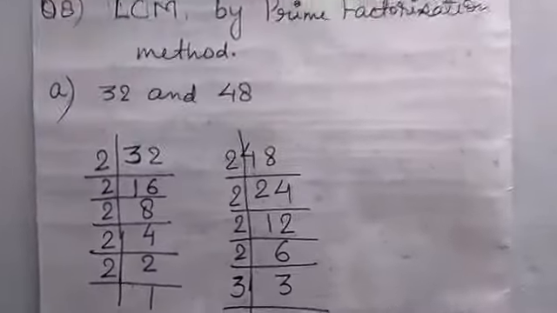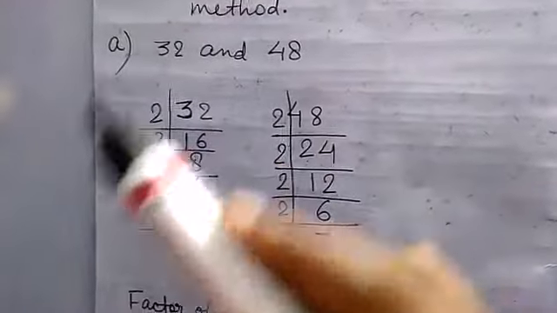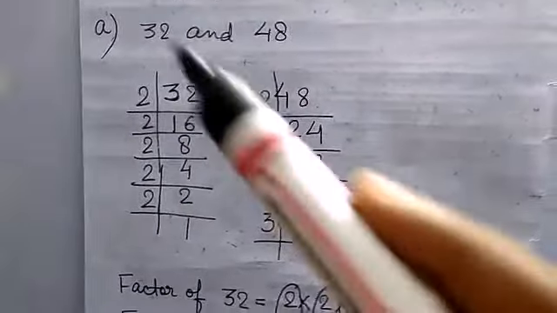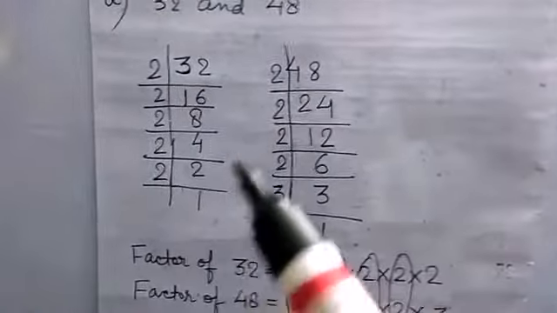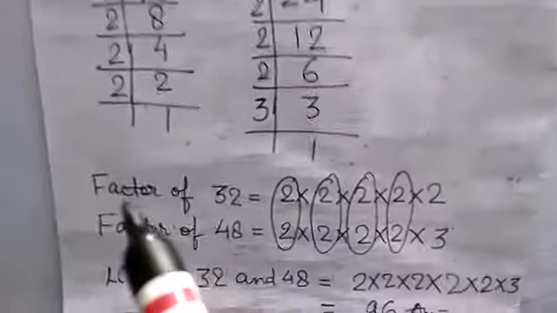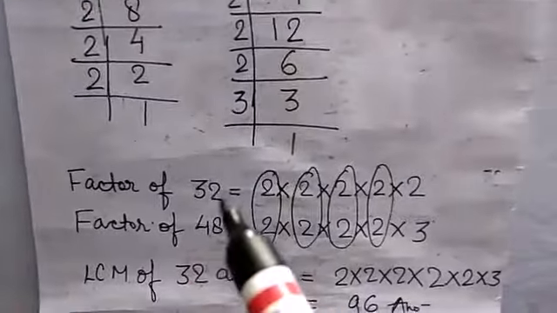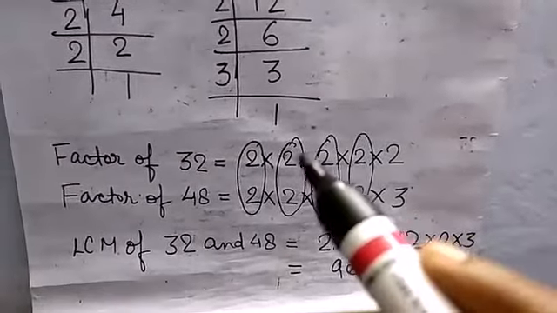So student, to find out the LCM of 32 and 48, first we find out the factors of 32 and 48 separately. Either you do it from this method, or from a factor tree. Now write the factors of 32 and 48 aside and find out the common factors.